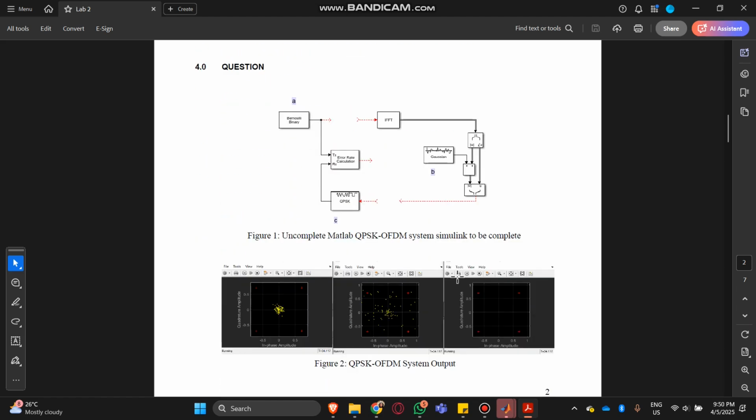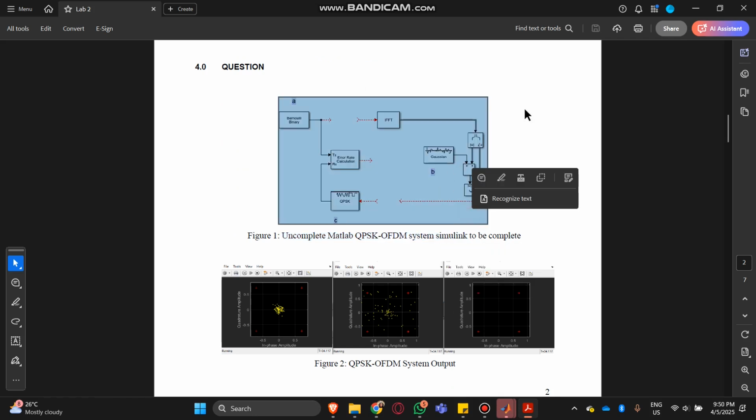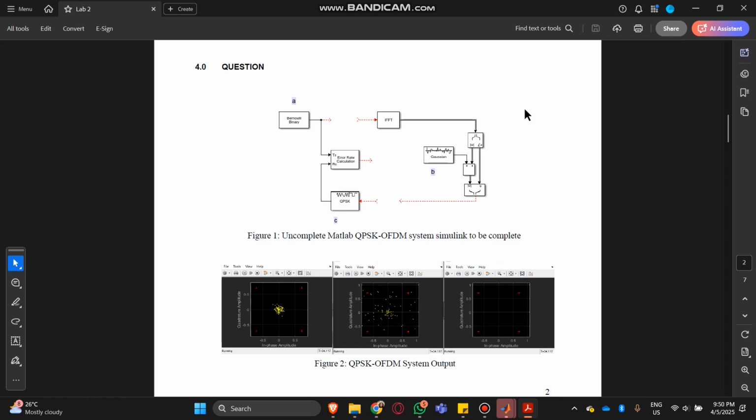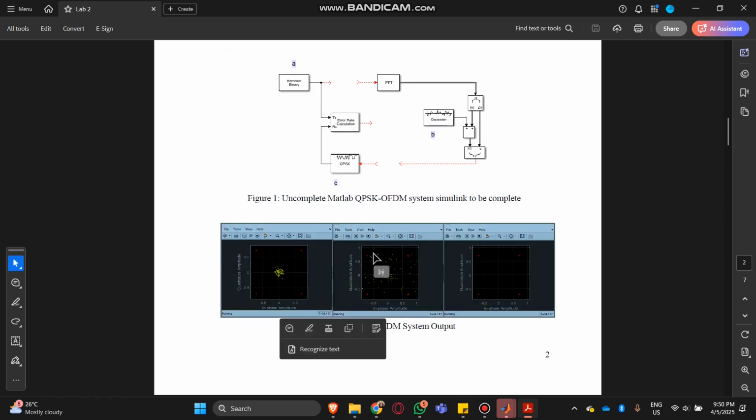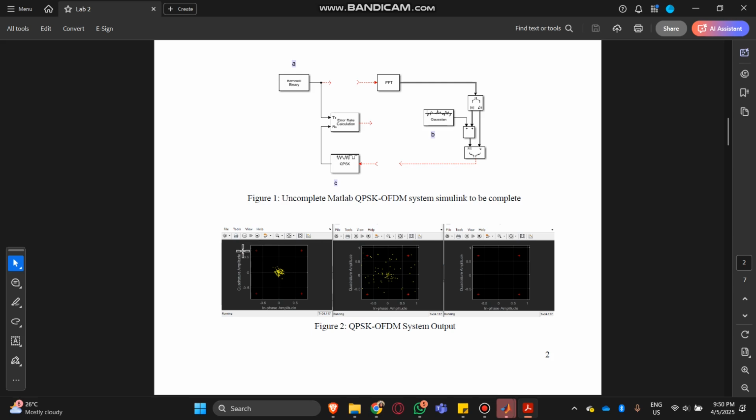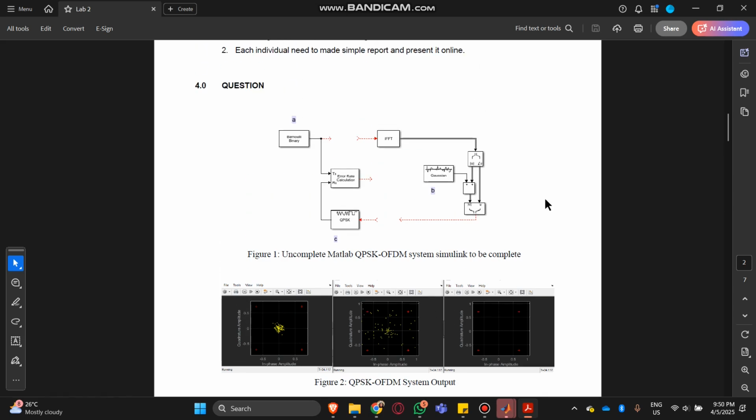The question asks me to complete the incomplete MATLAB QPSK OFDM system simulation circuit to get the next three results: diagram 1, diagram 2, and diagram 3.